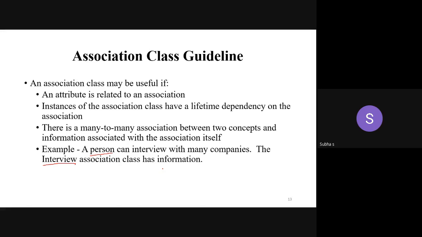Then you can have different values under the interview: online interview, oral interview, face-to-face interview. So in that place you can make this interview the association class. It will have some information.